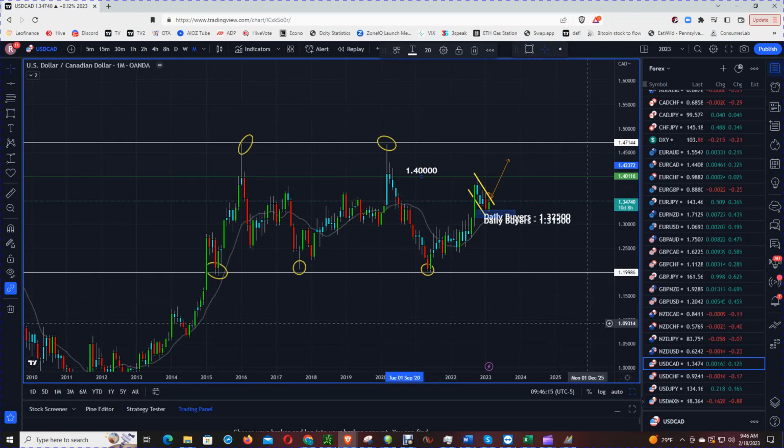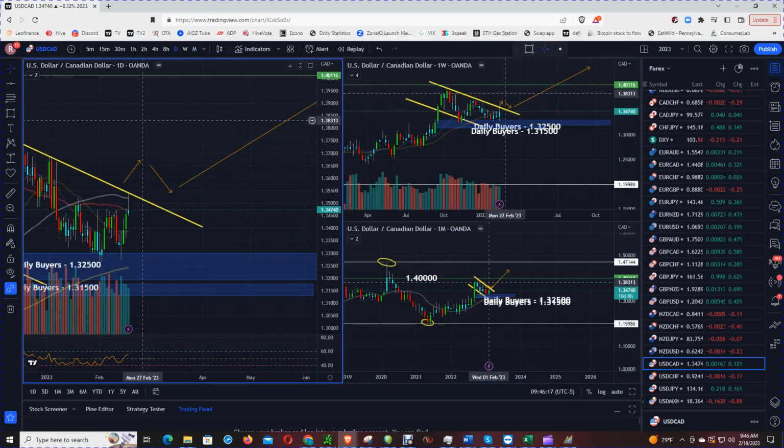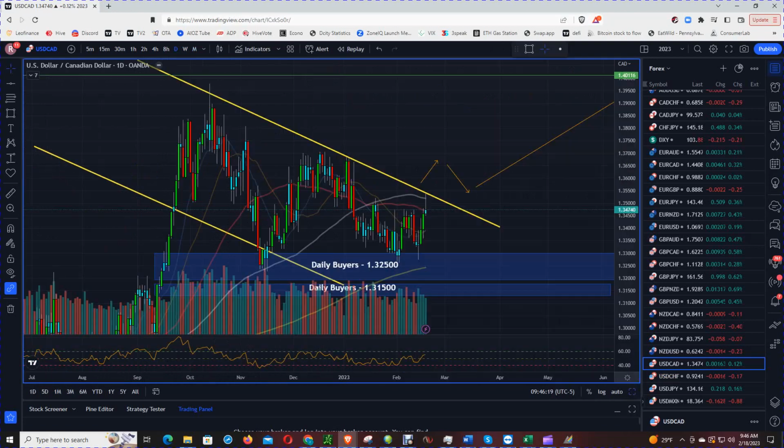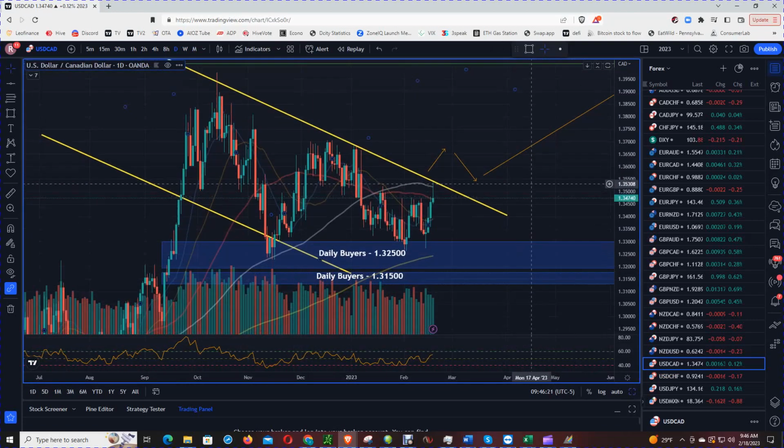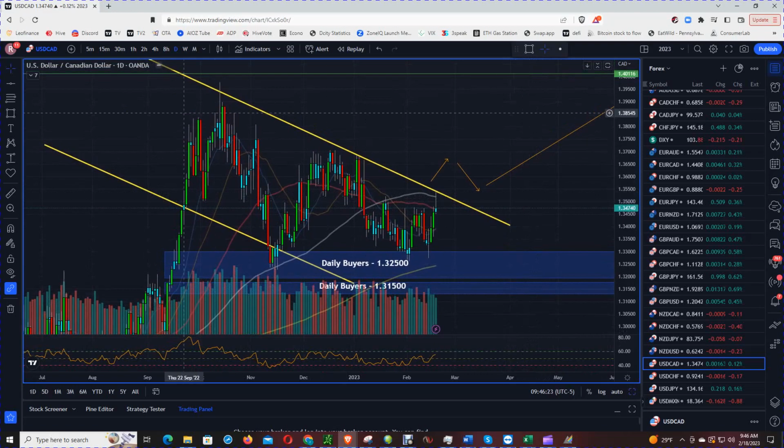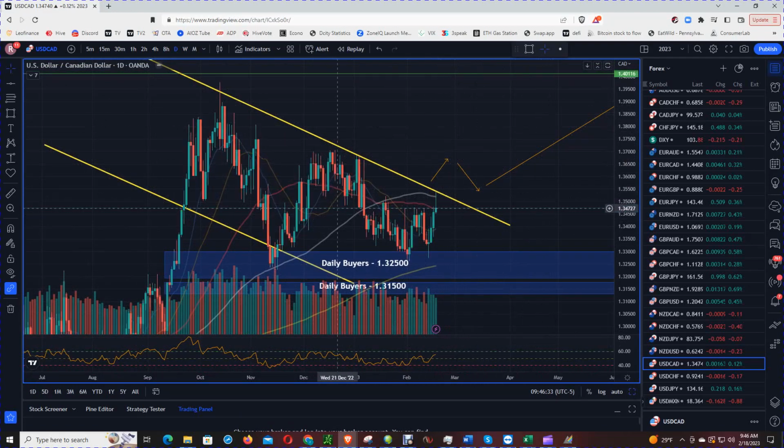Let's just go back to the daily to show you the setup. Either way, I would say this pair is bullish. You potentially have a break of the trend line, pull back to test the trend line, upward movement. Price breaks down.